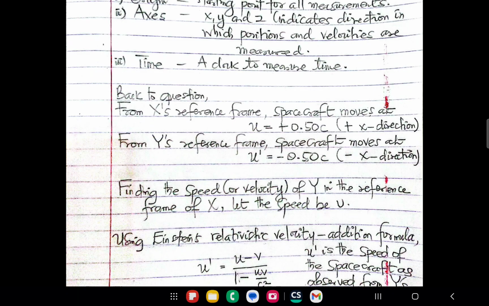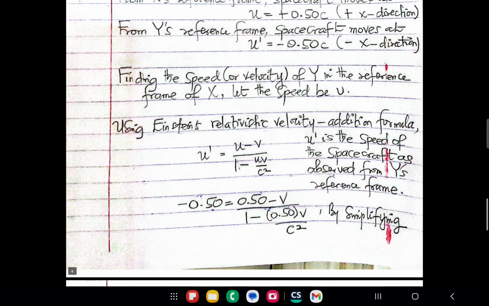From observer Y's reference frame, the spacecraft moves at the same speed, 0.5 c, but in the negative X direction, so we denote u prime to be equal to negative 0.5 c. Now we want to find the speed or velocity of Y in the reference frame of X, and we let that value be v.